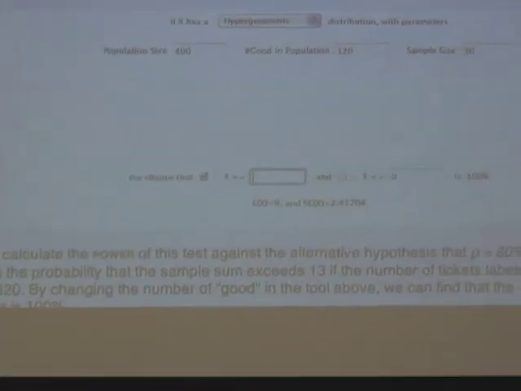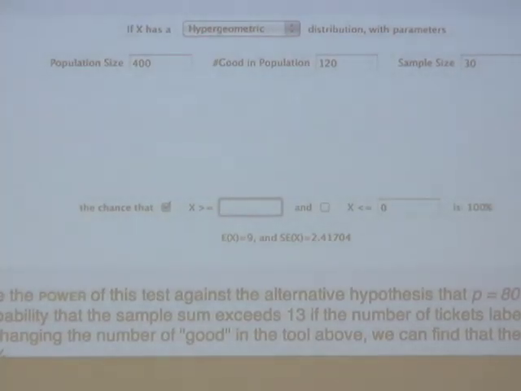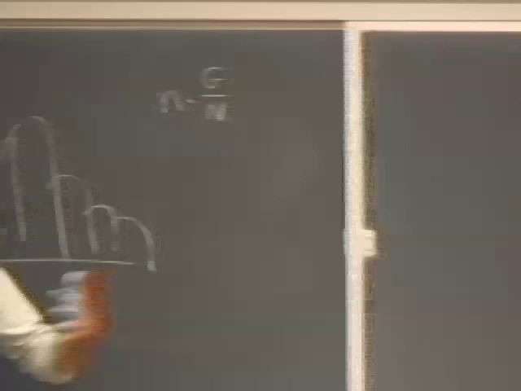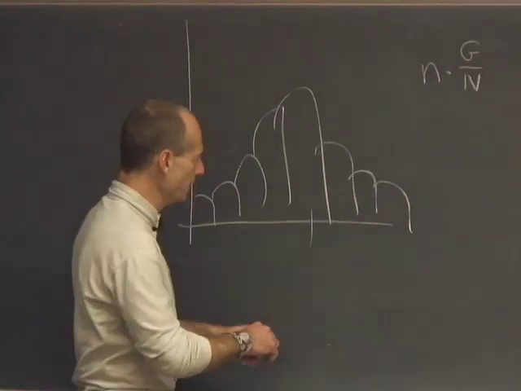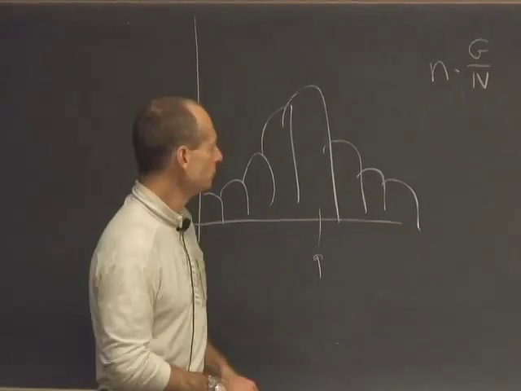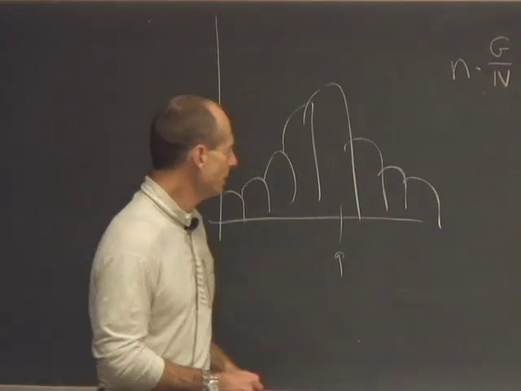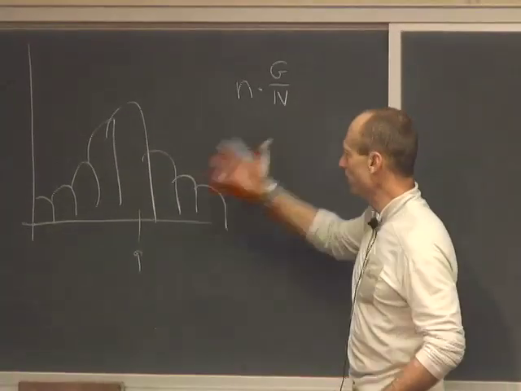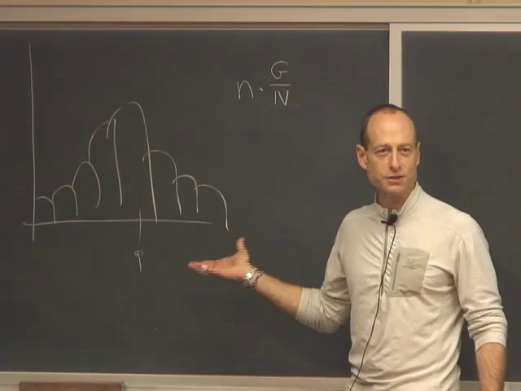Okay. All right, so if the null hypothesis is true, we would expect to get 9 tickets labeled 1 in our sample. We're not going to get exactly 9 every time, right? It's a random sample. But the balance point of this distribution would be around 9. And if the alternative hypothesis is true, then let's suppose that instead of p being equal to 0.3, 30%, p is equal to 0.6, 60%.